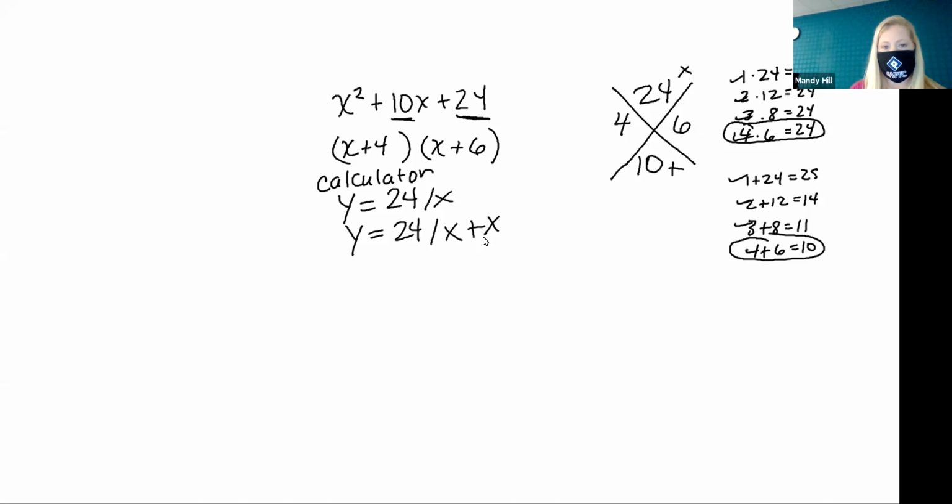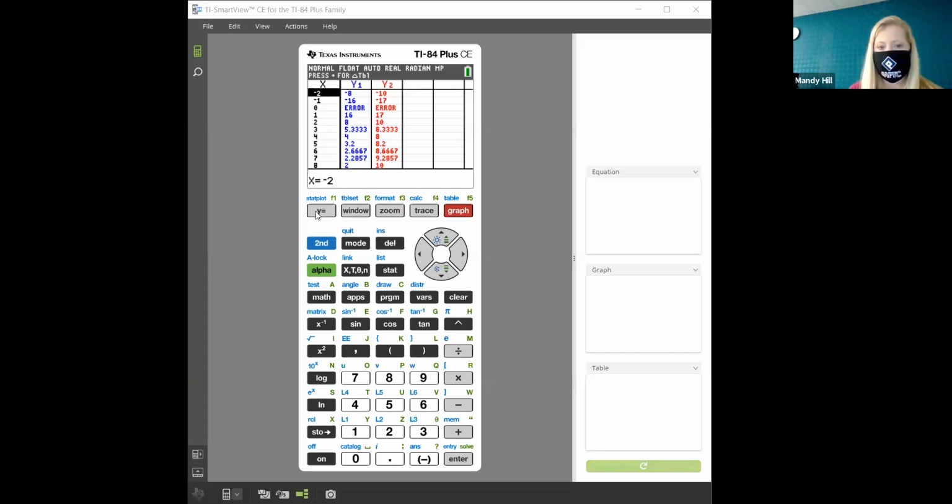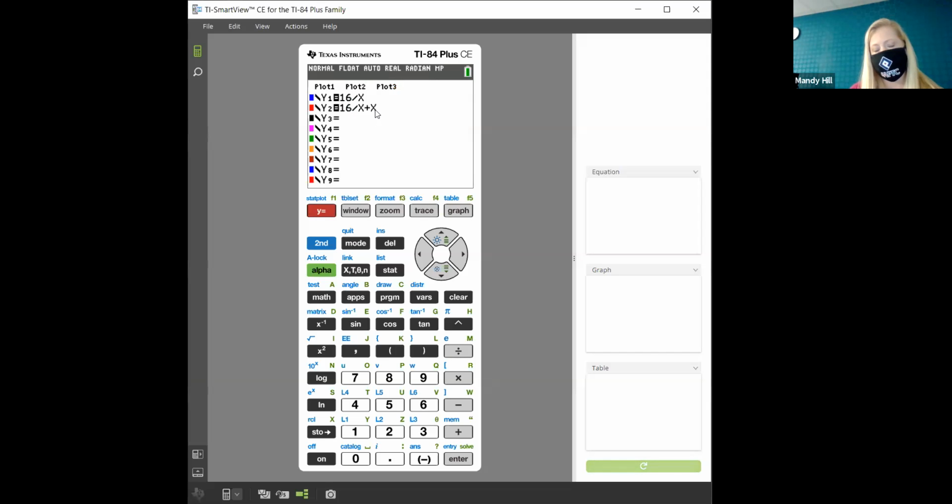Okay, so now I'm going to my calculator screen and typing that stuff in. I'm trying to find, remember that we want this 10. That was another important number. So we're going to go back to y equals.